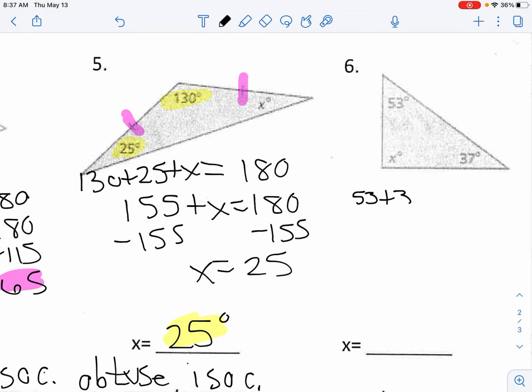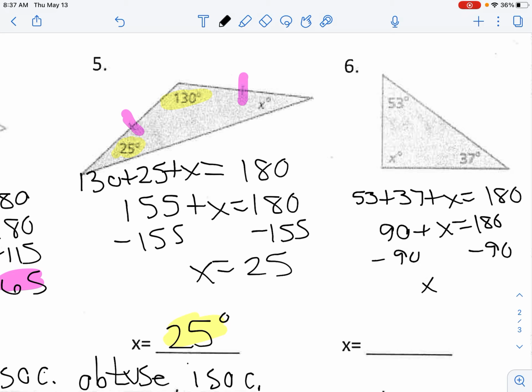So 53 plus 37 plus x equals 180. Combine like terms. 90 plus x equals 180. Subtract 90, subtract 90, x equals 90.